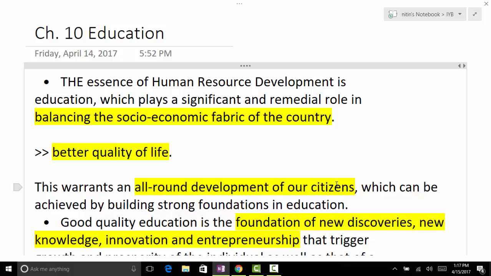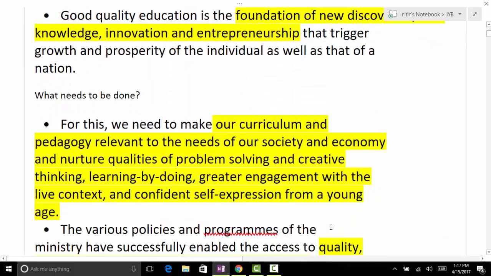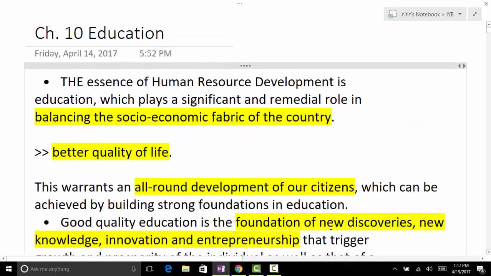Chapter number 10, education. So the initial discussion tells about the importance of education.